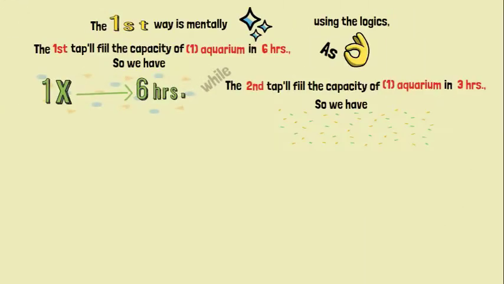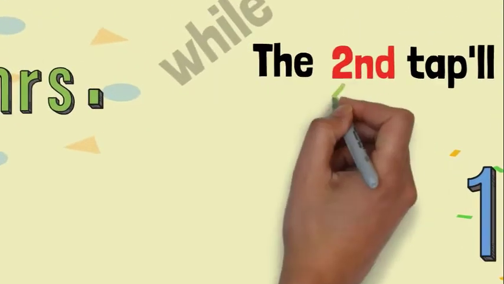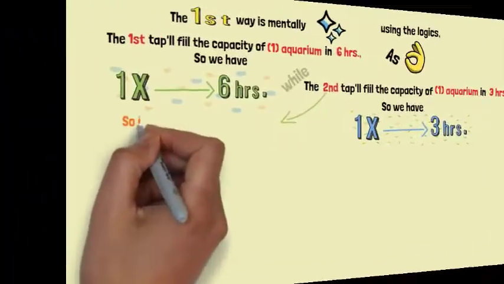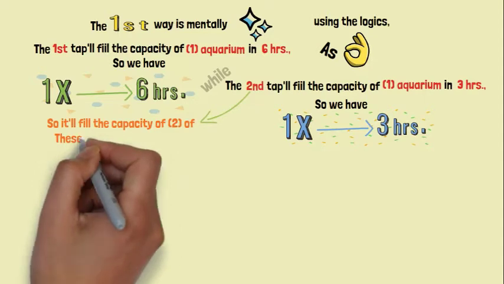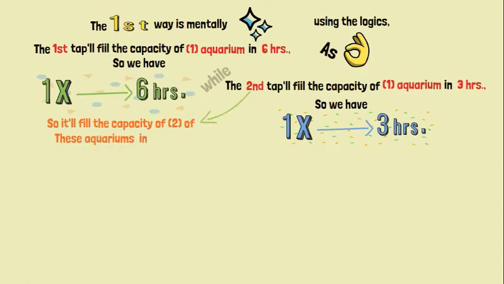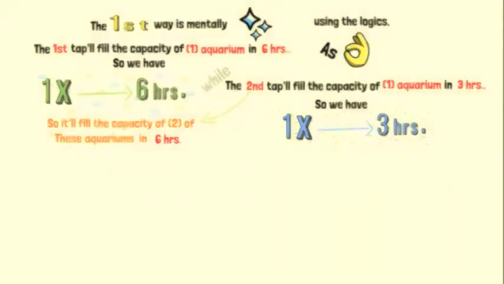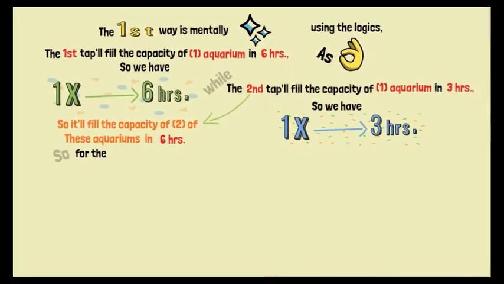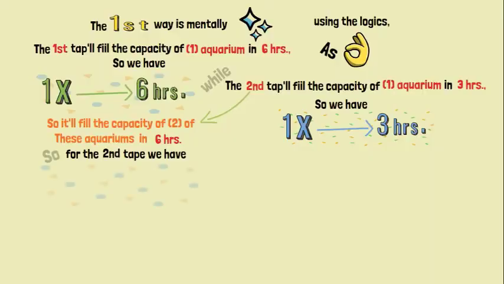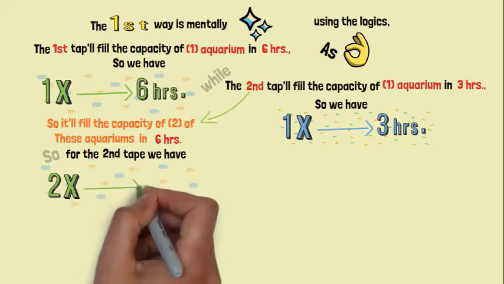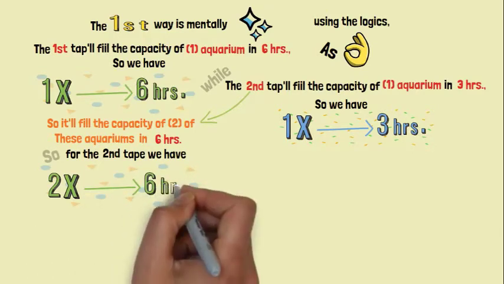So we have 1x, meaning 1 aquarium, will be filled in 3 hours with the second tap. So the second tap will fill the capacity of 2 of these aquariums in 6 hours, meaning that we have, for the second tap, 2x will be filled in 6 hours.